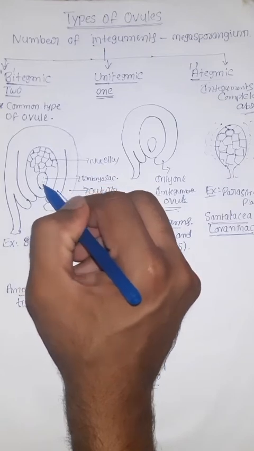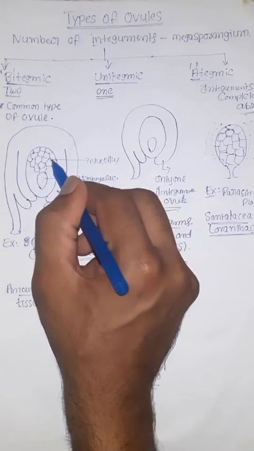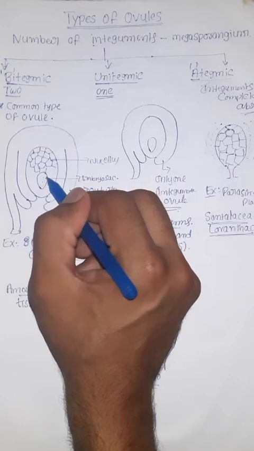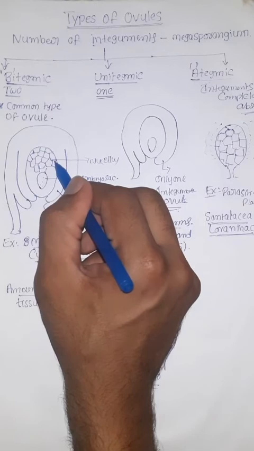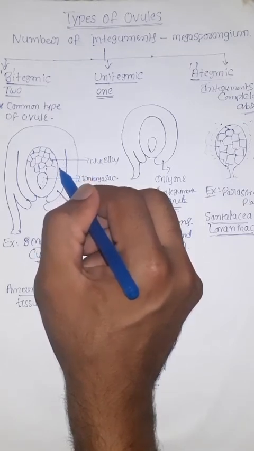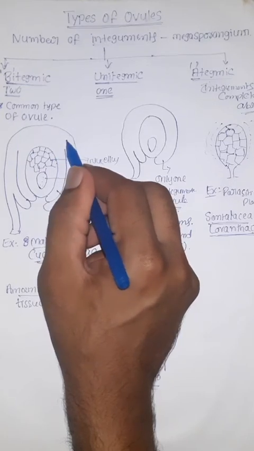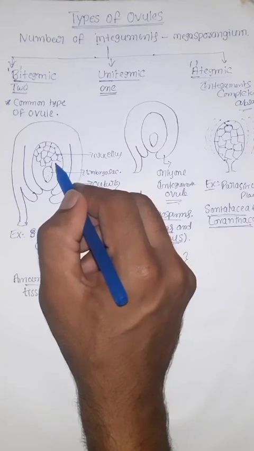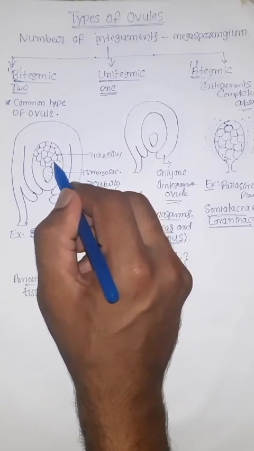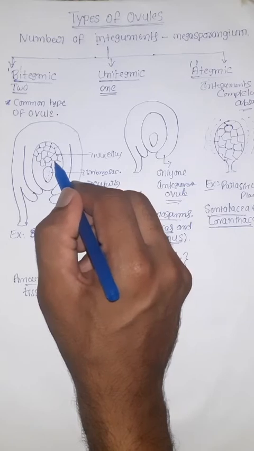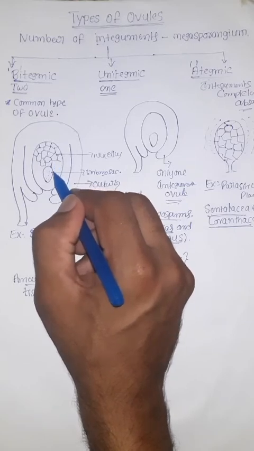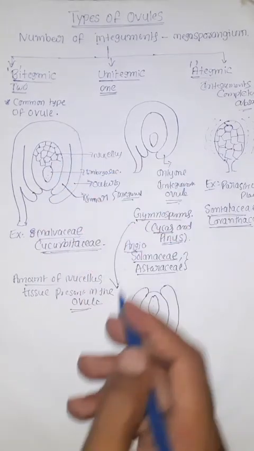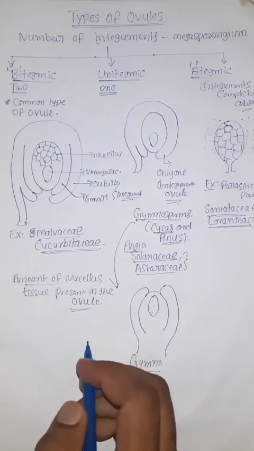At maturity, usually the nucellus tissue is completely utilized by the embryo sac, or sometimes some nucellus still remains after complete development of the seed also. That is called perisperm. That is another thing. Here our interest is the classification of ovules based on the amount of nucellus present in the ovules. Now we will see that classification with simple diagrams.